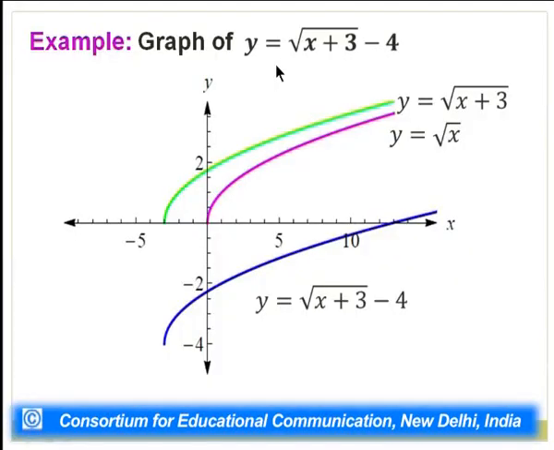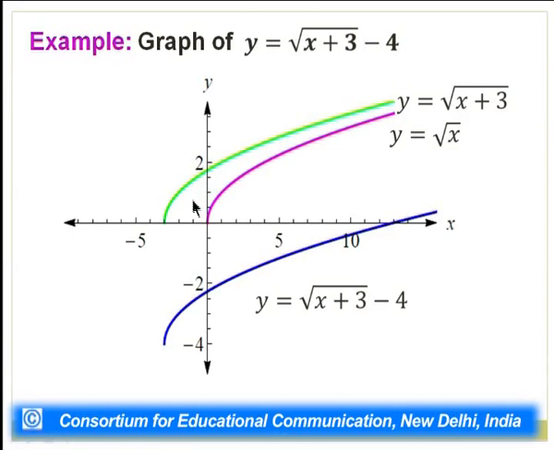So here you have to draw the graph of y equal to square root of (x plus 3) minus 4. And here you start with the graph of square root of x. So this graph here in pink is the graph of the equation y equal to square root of x. The graph of square root of (x plus 3) would imply a leftward shift of the graph of square root of x by 3 units, and that is shown here as a leftward shift.